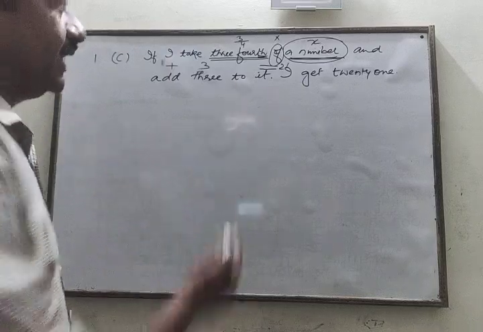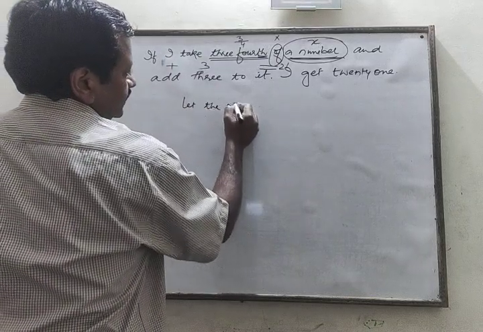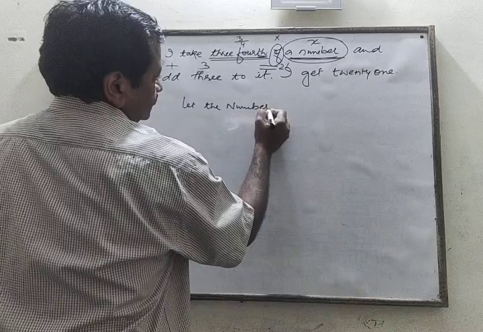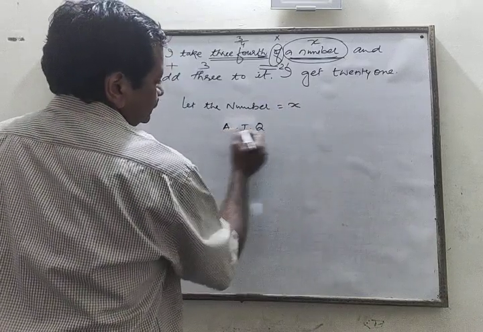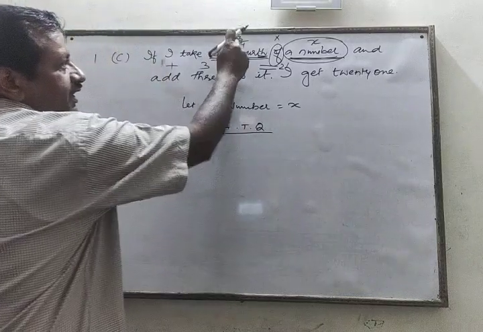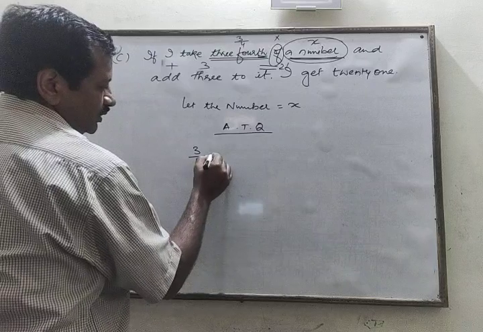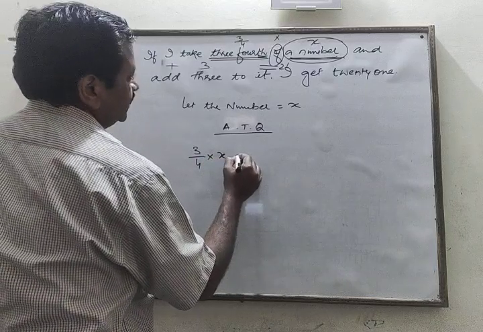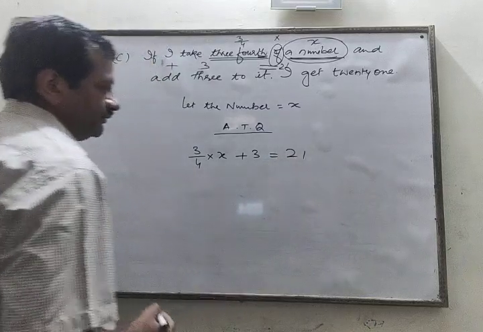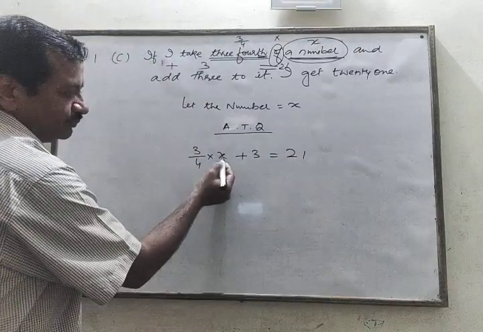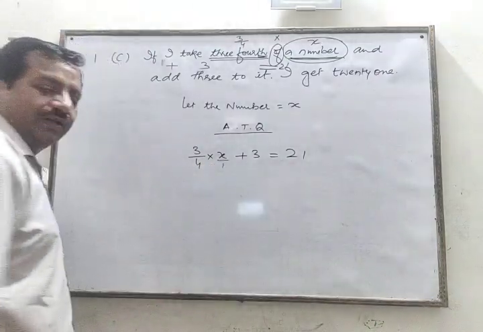Then start writing. Let the number be x according to the question. 3/4 of x: 3/4 multiply x plus 3 is equal to 21. 3/4 into x: x does not have any denominator, so 1 is there.